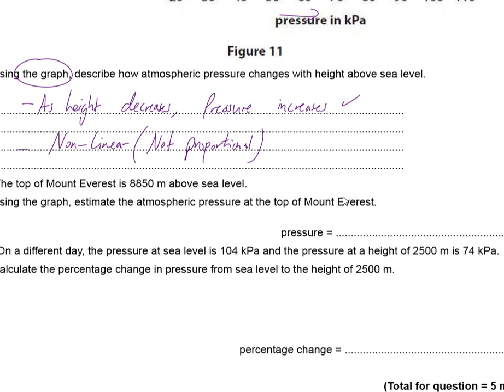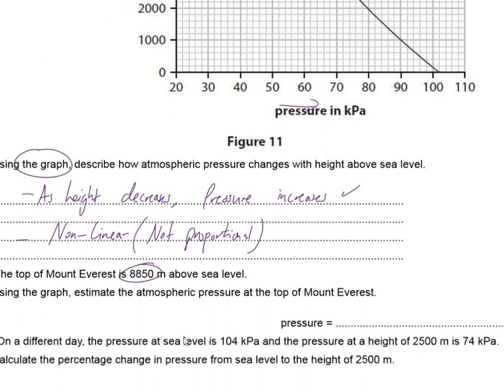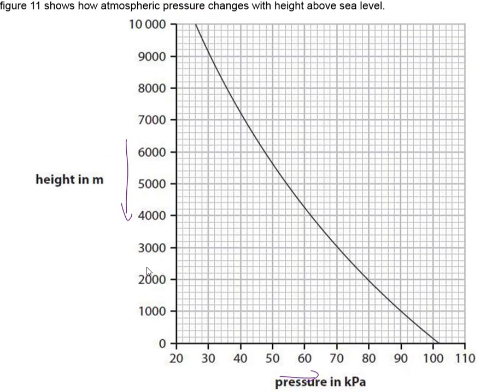Okay, top of the mountain is this much. Use the graph to estimate this one. Okay, alright, fair enough. Let's go and find this out. 885. They got this width over here. So we go across. And then this will land somewhere in the middle.